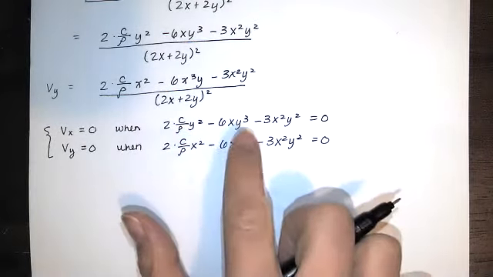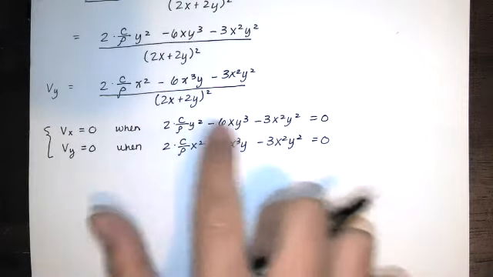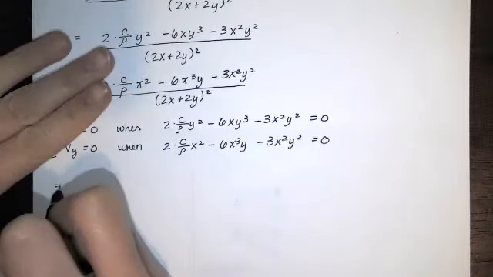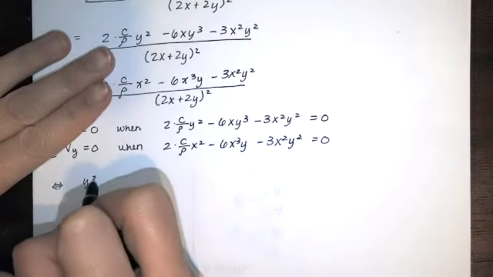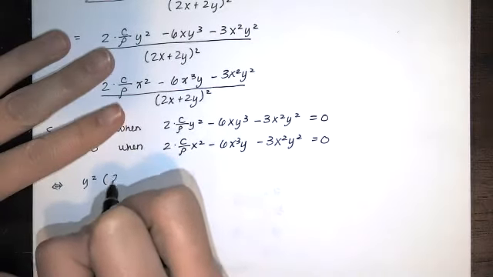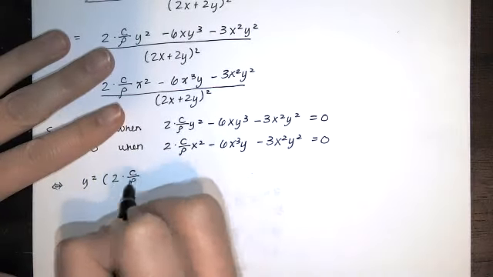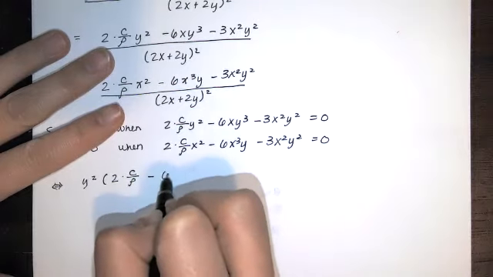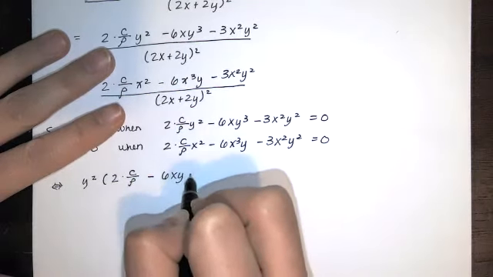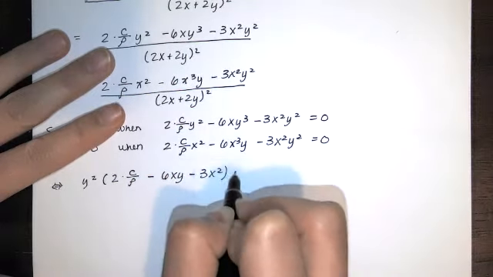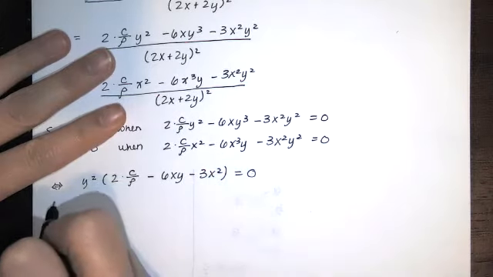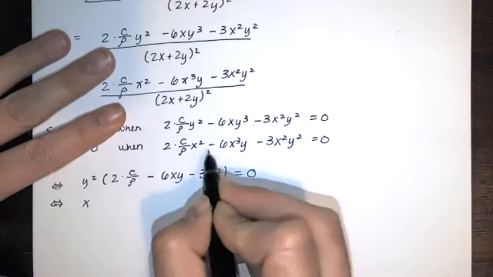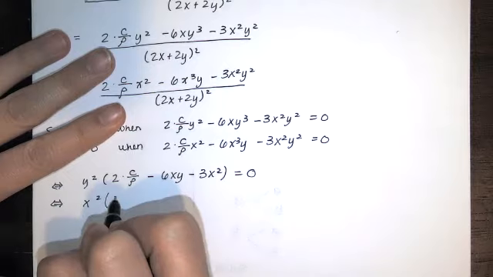But I do have a y squared, a y cubed, and a y squared there, so I can factor out a y squared from that first one. And then I'll be left with this. And because of the symmetry, I can factor out an x squared from this one.